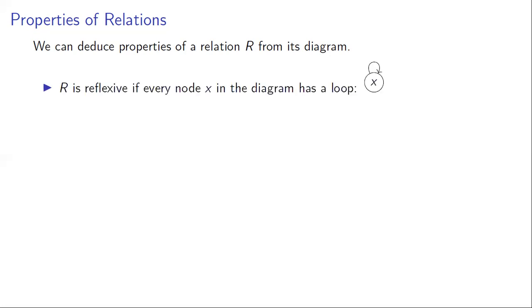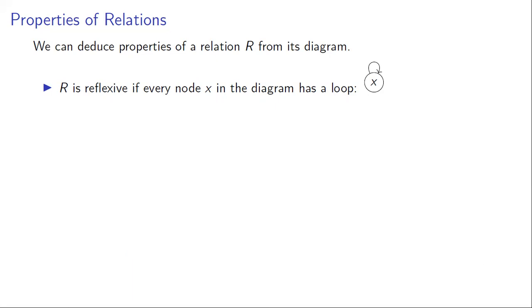How? R is reflexive if every node X in the diagram has a loop, meaning every time there's a node, there's a loop at that node. So if you have a diagram where every node has a loop, then that diagram represents a reflexive relation.